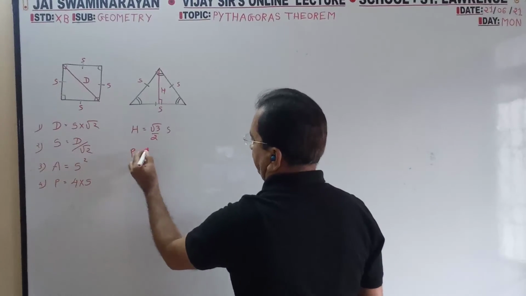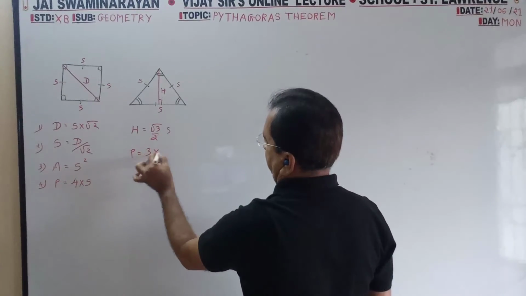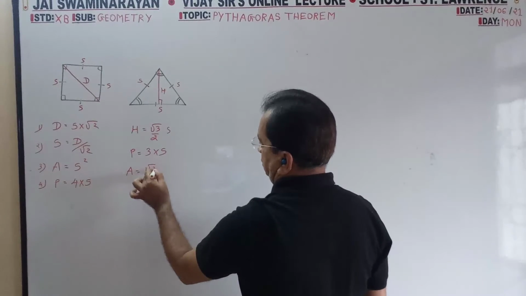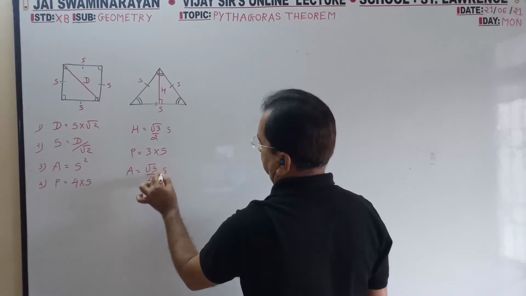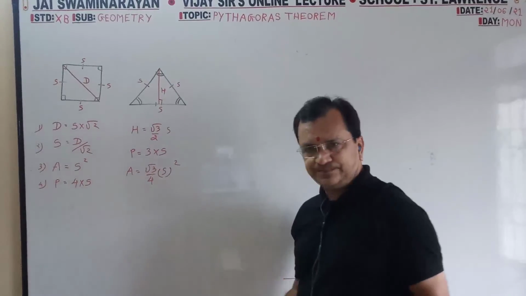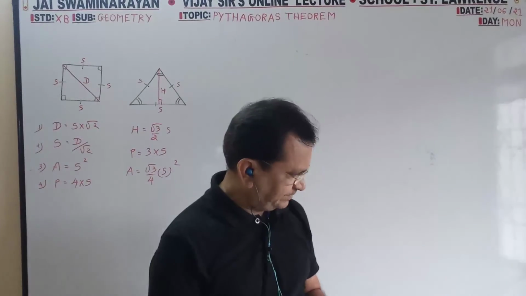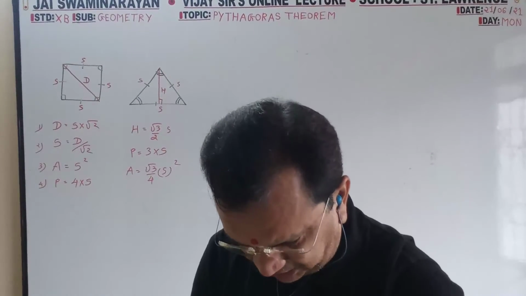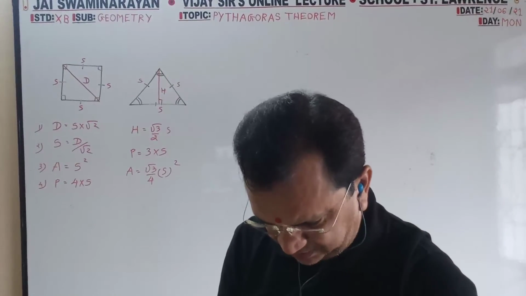Perimeter of equilateral triangle is 3 into side. Area is root 3 by 4 side square. These are the formulas and how to use them.